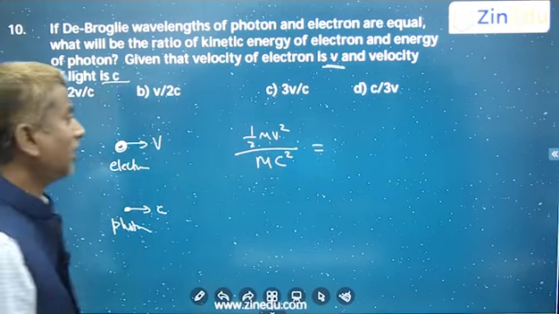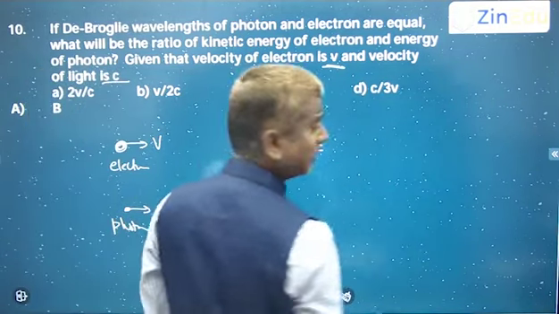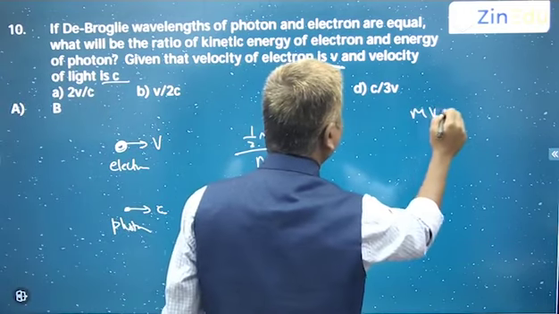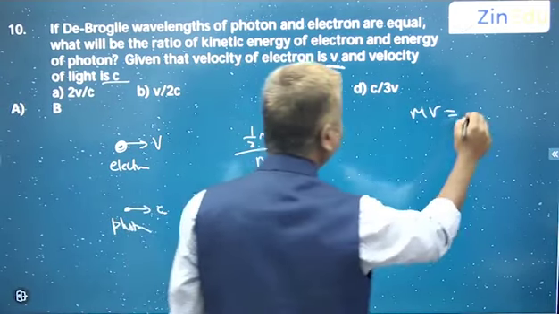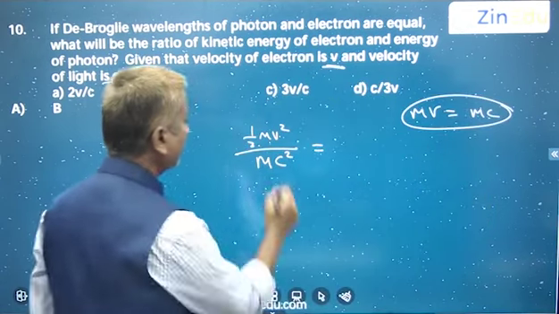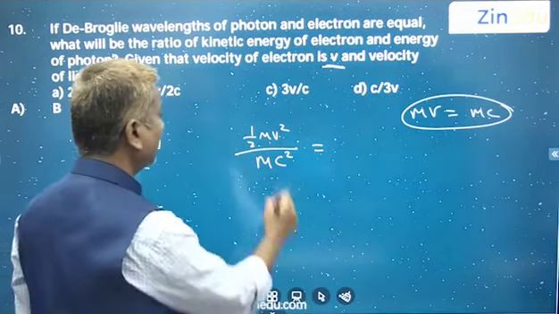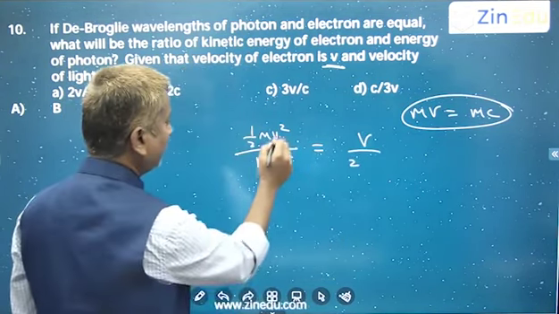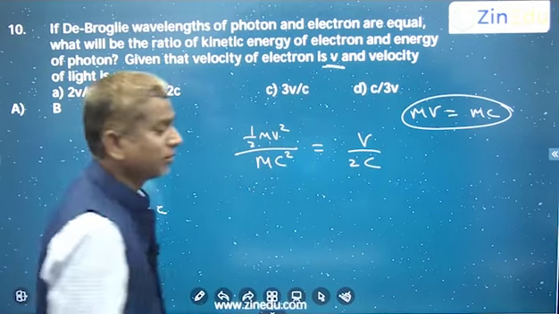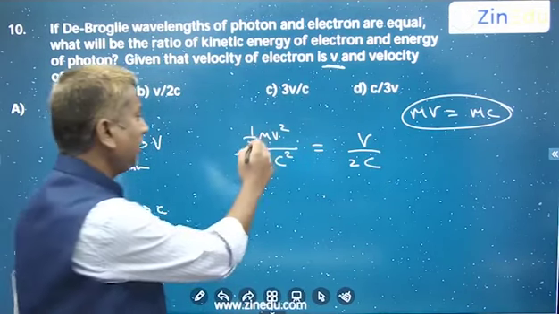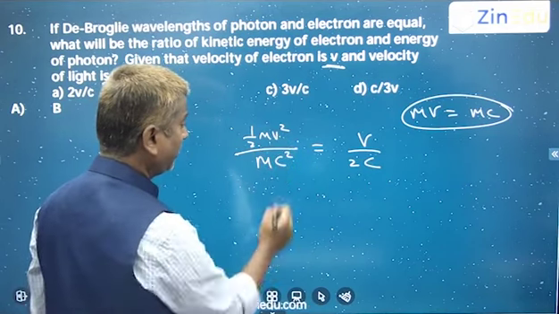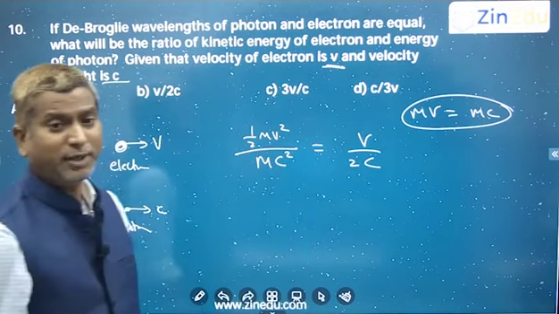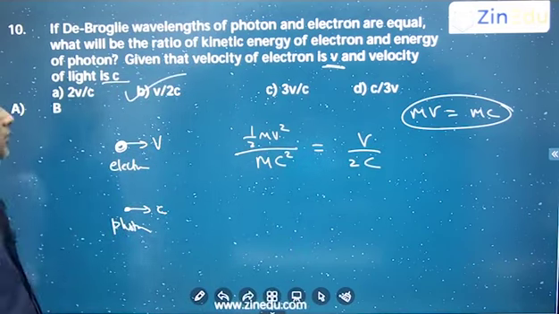Since momentums are the same, mv is the same as mc. Taking the ratio, mv into v by 2 over mc into c. mv and mc cancel, so v by c, and the 2 is also there. v by 2c will be the answer. Straightforward. Correct?